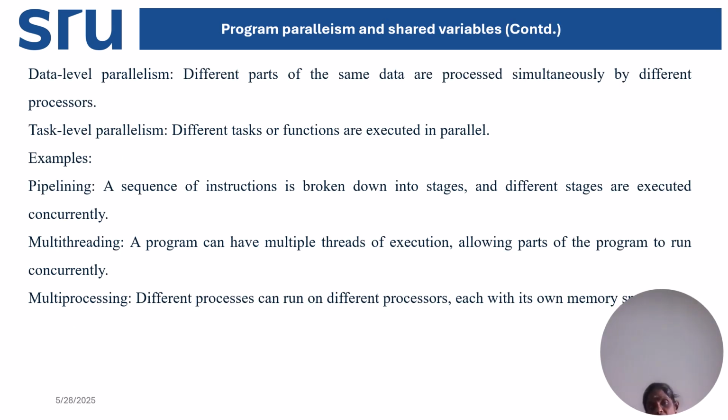Next one, data level parallelism. Different parts of the same data are processed simultaneously by different processors. If a big data set is available, that big data is divided into, for example, 5 parts, and the 5 different parts will be used by 5 different processors, so that the time will be reduced by 5 times.